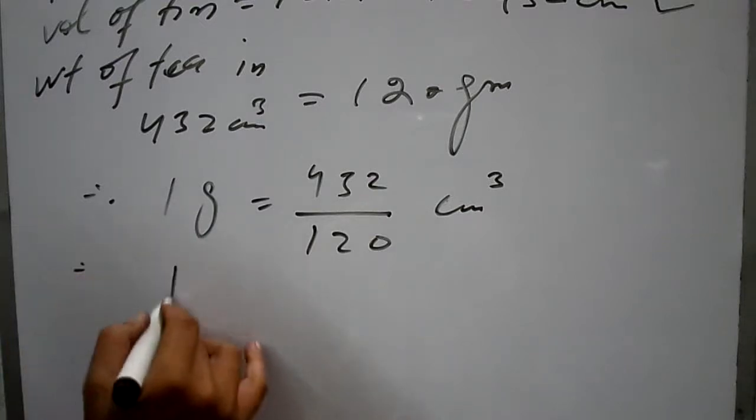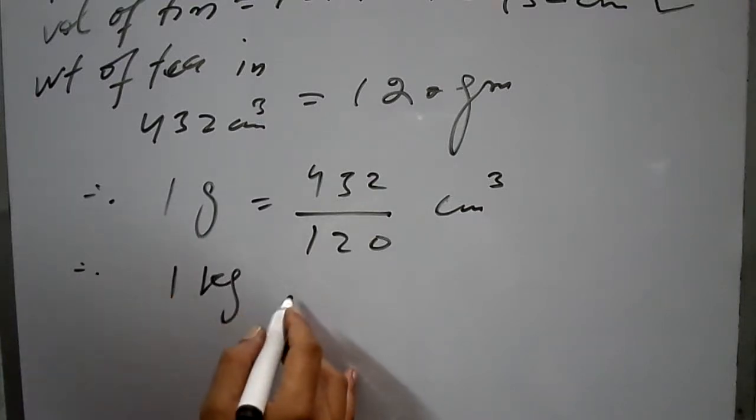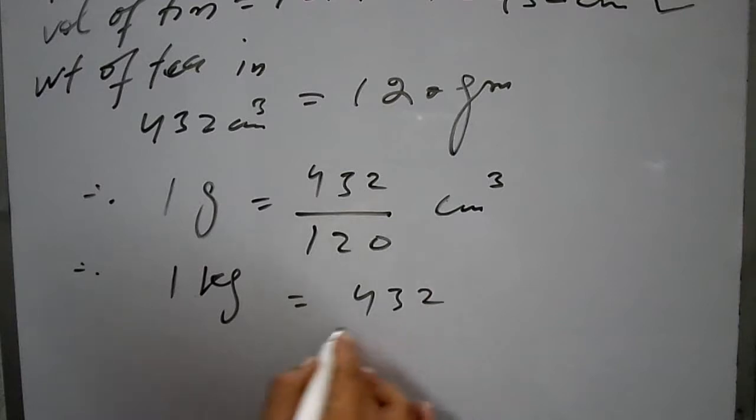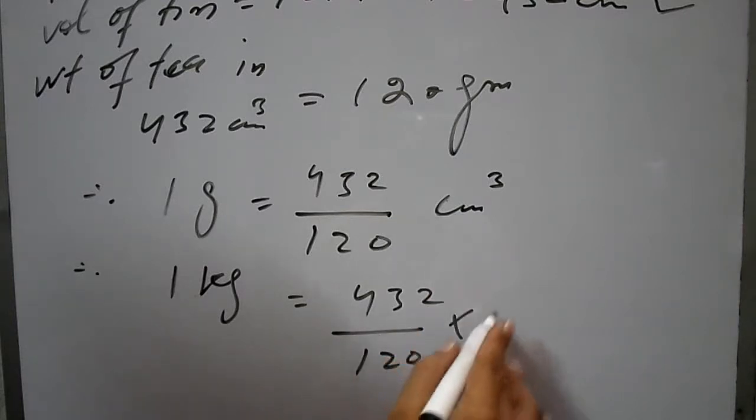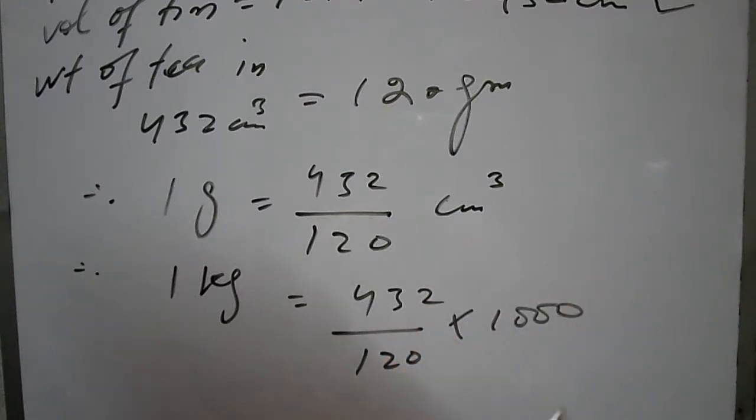So 1 kg is equal to 432 divided by 120 multiplied by 1000 centimeter cube. So it will give you 3600 centimeter cube.